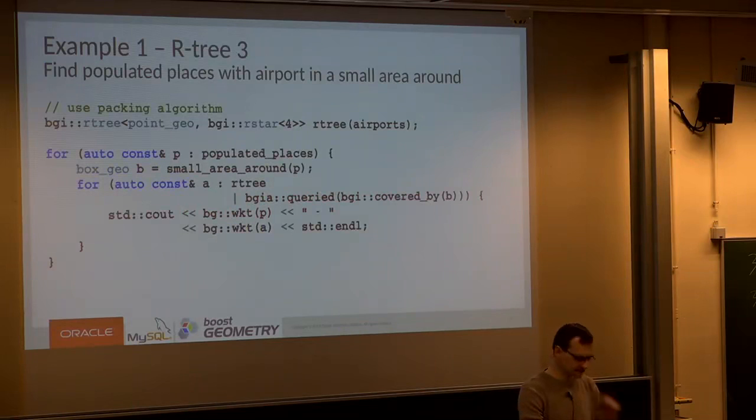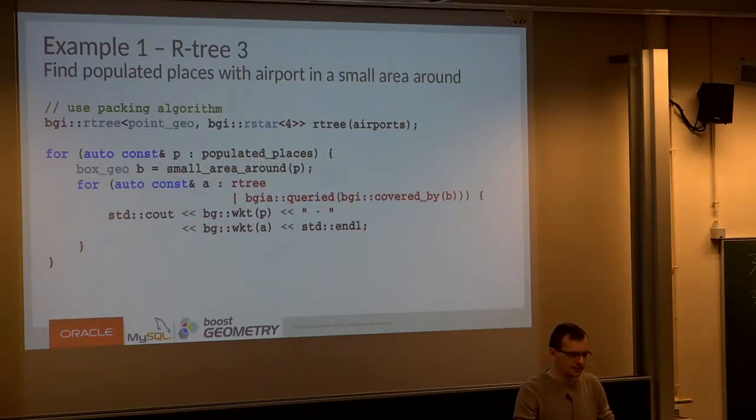And if you prefer working with ranges instead of iterators, then the R-tree also supports it. So I'm just passing a range of elements, which are then stored in the R-tree using the packing algorithm. And then instead of standard for_each, I'm using a range-based for loop.